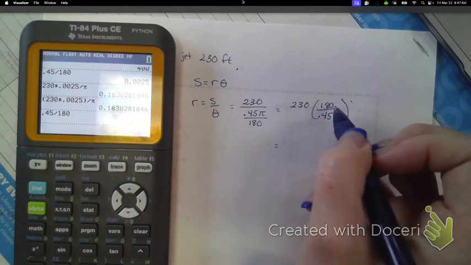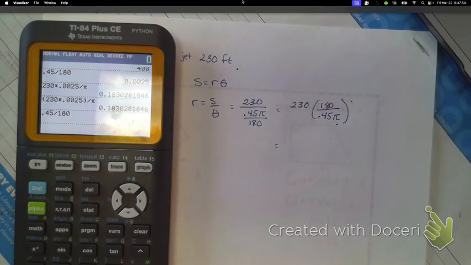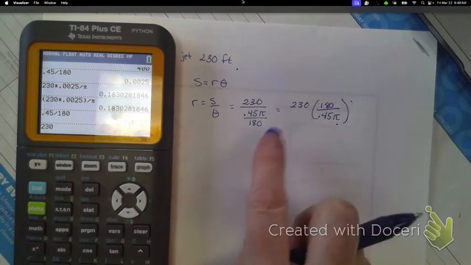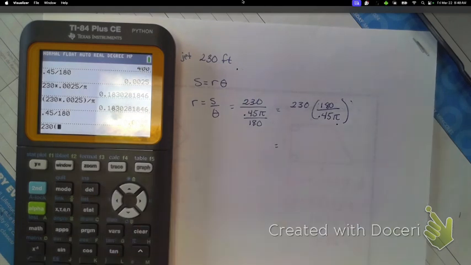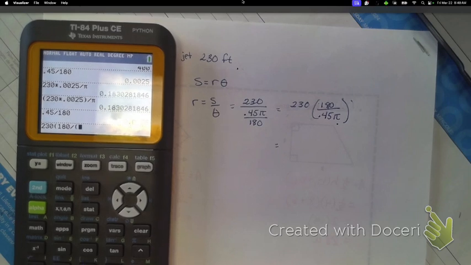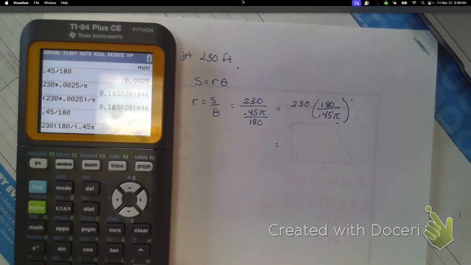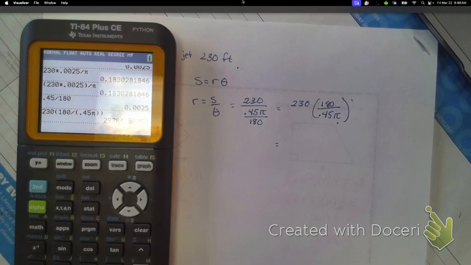Okay. So now we have to have parentheses. And I'm just going to put it in exactly how I have it. 230 times parenthesis 180 divided by parenthesis 0.45 pi, close parentheses, right? Okay. Much better.